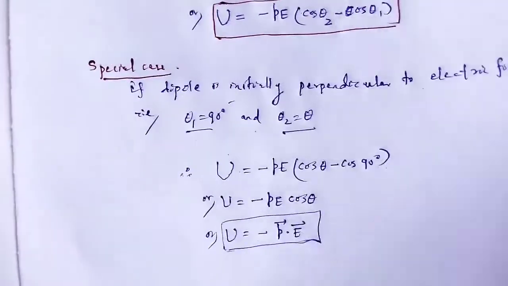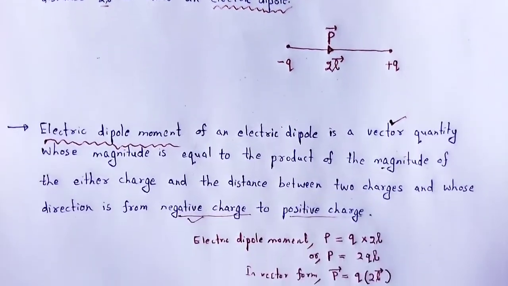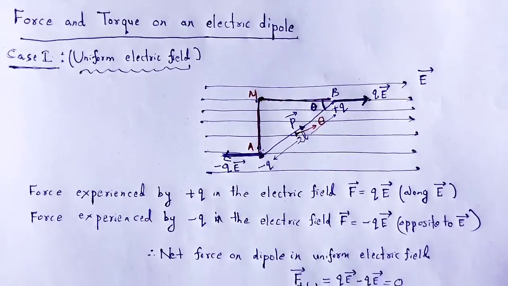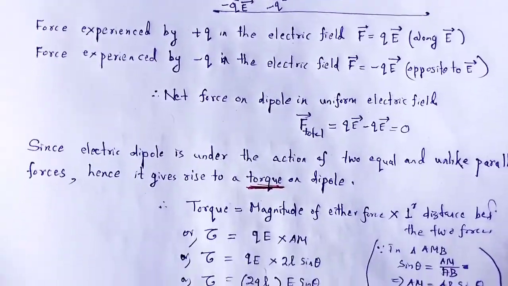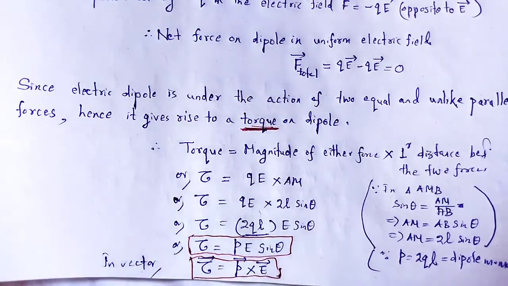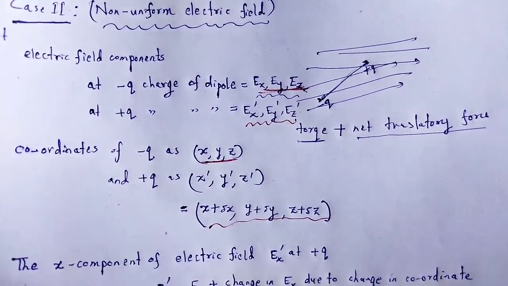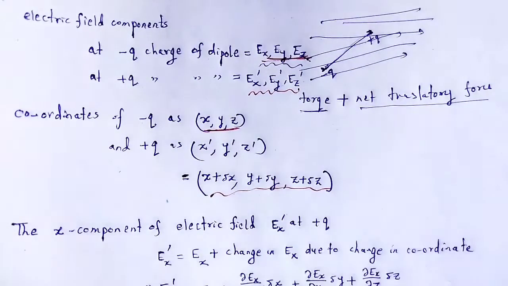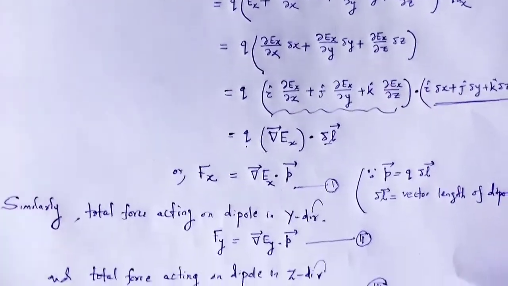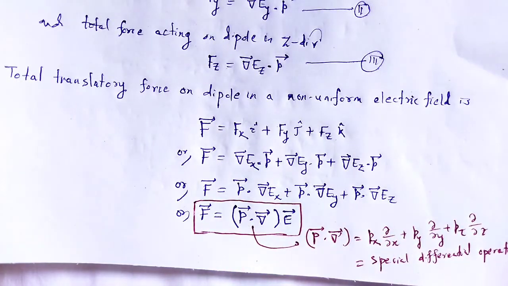So, with the help of this video lecture, we understood the concepts of electric dipole and dipole moment, force and torque on an electric dipole. When the electric field is uniform, the force will be 0, but a torque is created, and we saw the mathematical form of torque. When the electric field is non-uniform, both force and torque are created.